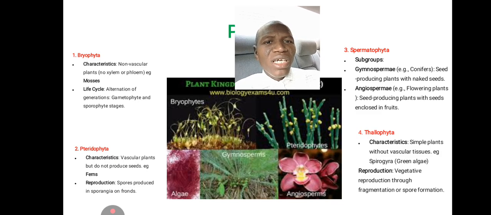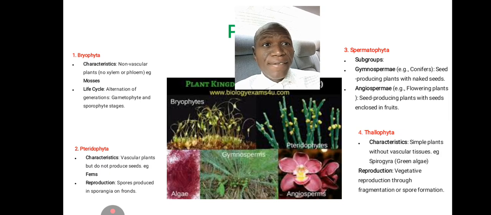All right, then we have Pteridophyta. Pteridophyta have vascular tissues. They have vascular tissues but do not produce seed. Do you see the difference between them and Spermatophyta now?